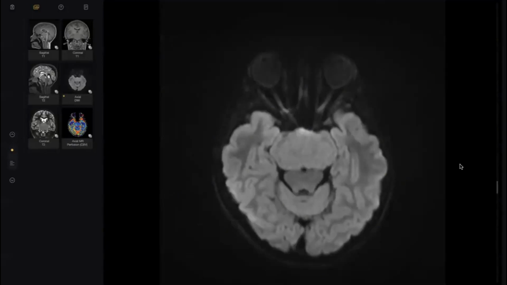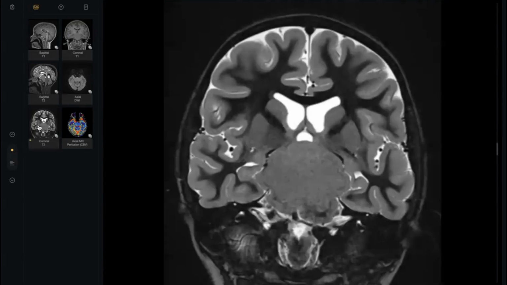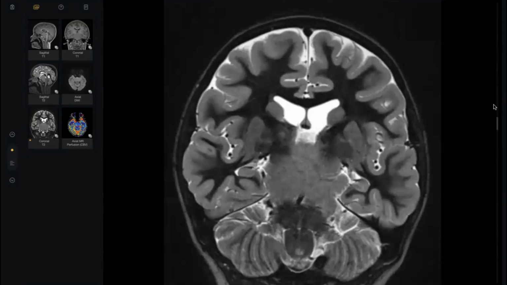Is there any T2 for this lesion? In the T2, it also appears hypointense in signal. So this lesion is hypointense in T1, hypointense in T2, and does not show any restricted diffusion.